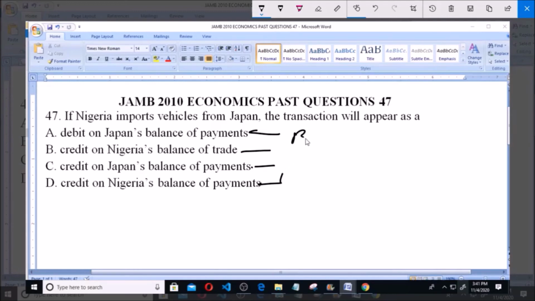Now, balance of payments may be defined as the relationship between the sum total of a country's payment for her imports and receipts for her exports.